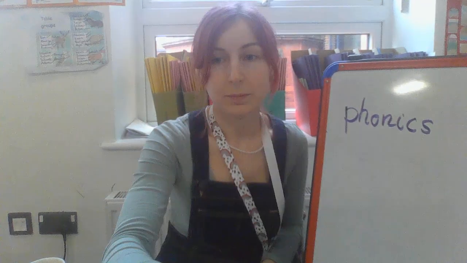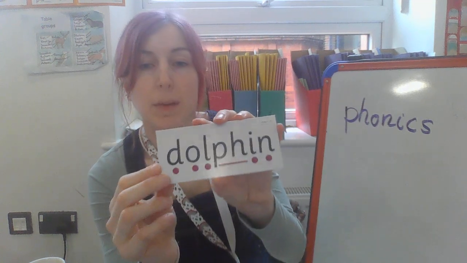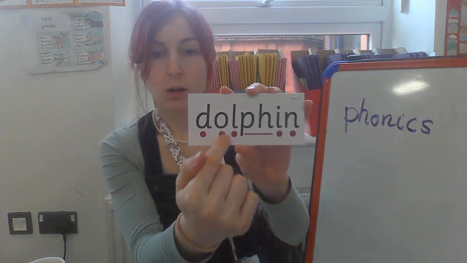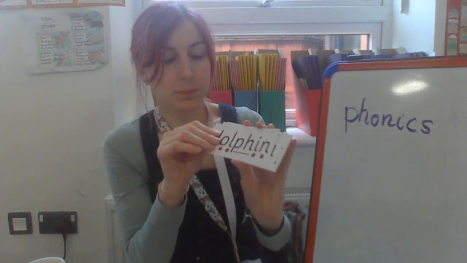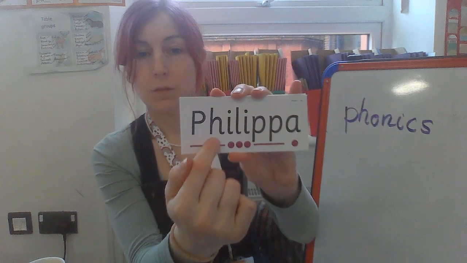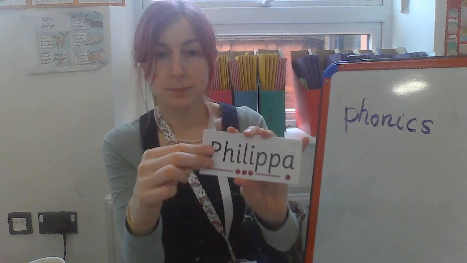Elephant. Okay, let's practice reading some of the words that have got the PH digraph in. D, O, U, F, I, N. Dolphin. This is a name. F, I, U, I, P, A. Philippa.